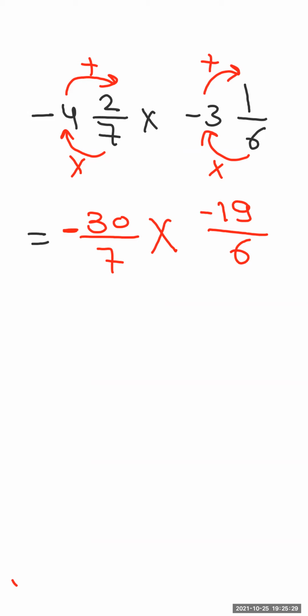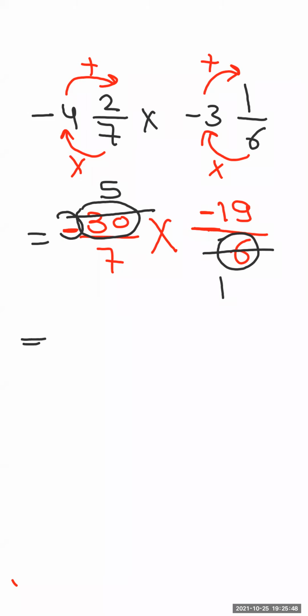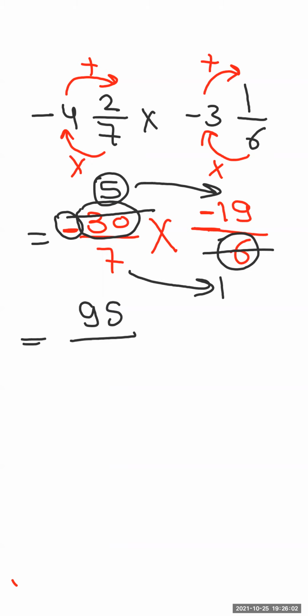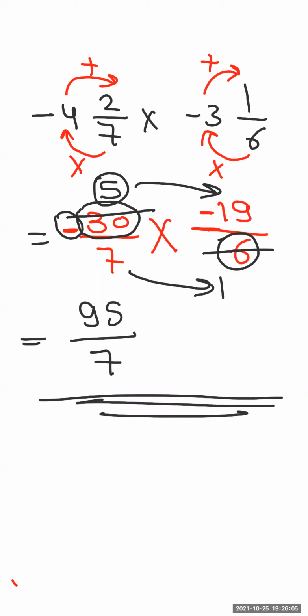And also it's a negative. Don't forget the sign. Now, guys, simplify. I can divide this number and this number by 6. Divide 6 equal 1, divide 30 equal 5. So now I'm going to multiply negative, don't forget the sign, -5 times -19. So a negative times a negative, two same signs. So the result will be positive. 5 times 19 actually equal 95. And 7 times 1, it's 7. So 95/7.